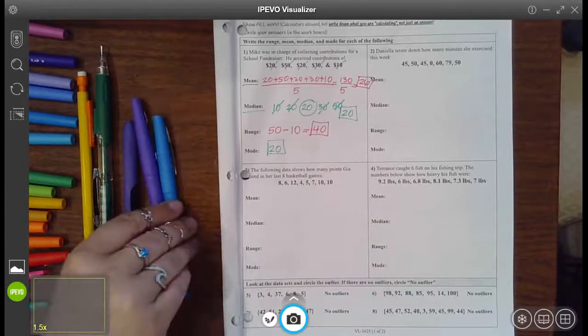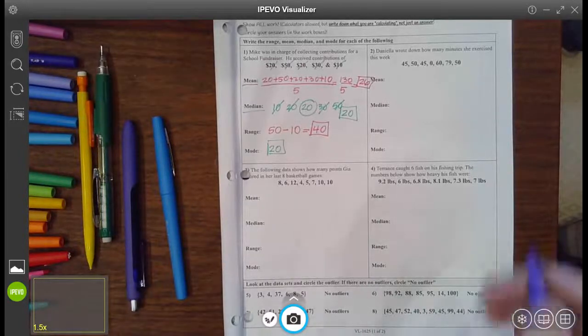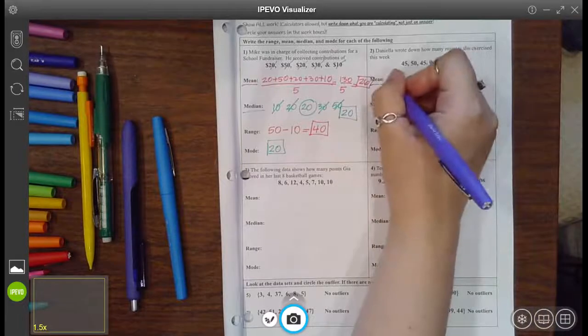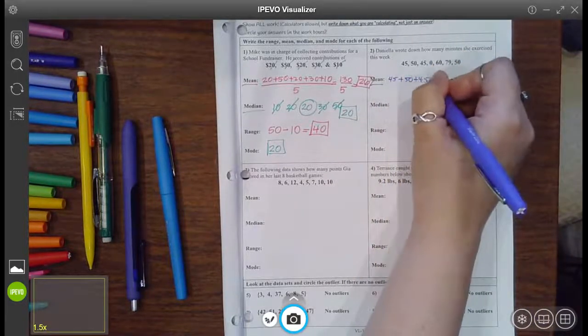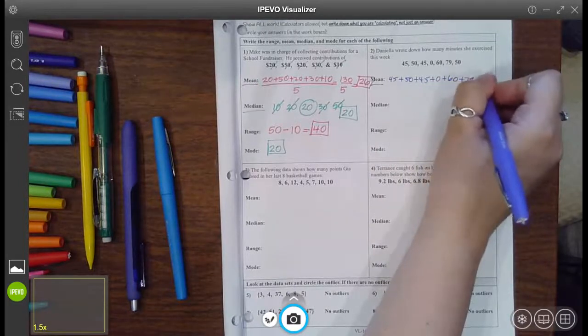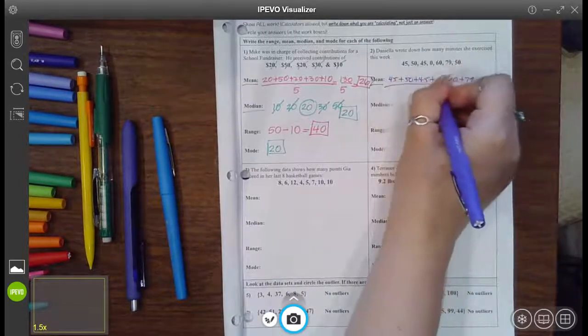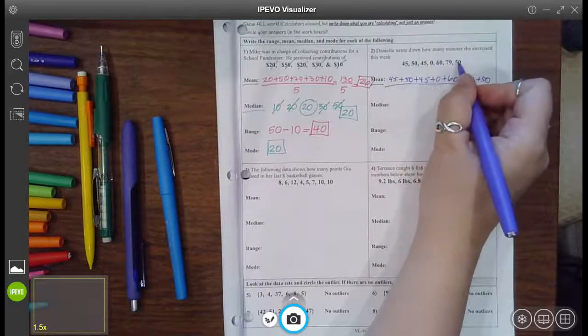Okay, number 2, you are asked to find the mean. So add them all together. 45 plus 50 plus 45 plus 0 plus 60 plus 79 plus 50, and divide by how many there were. 1, 2, 3, 4, 5, 6, 7.